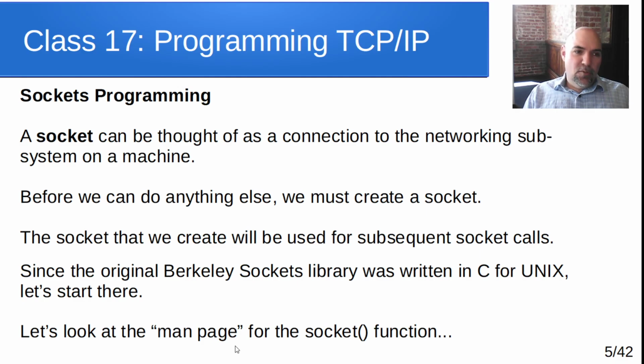So if you forget how sockets programming works, you can always refresh your memory by looking at the man pages for those different functions. We're going to start with the man page for the socket function.